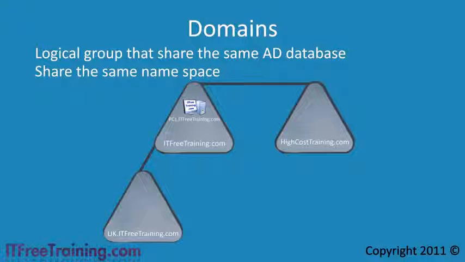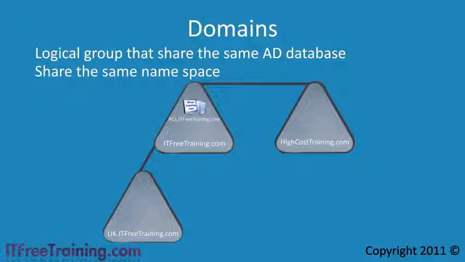Each of the companies has their own Active Directory database and all have their own settings. From an administrative point of view, they are all separate domains with their own database.